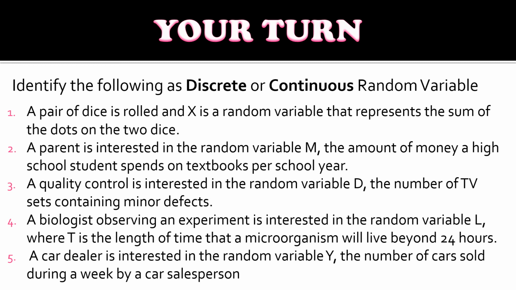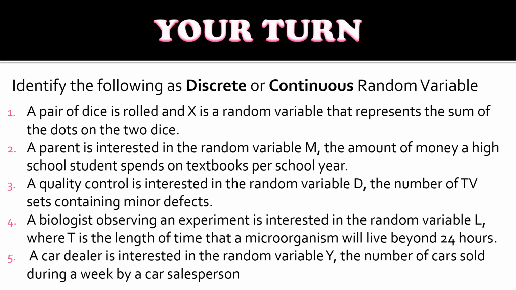Number 2, a parent is interested in the random variable M, the amount of money a high school student spends on textbooks per school year. Next, number 3, a quality control inspector is interested in the random variable D, the number of TV sets containing minor defects.